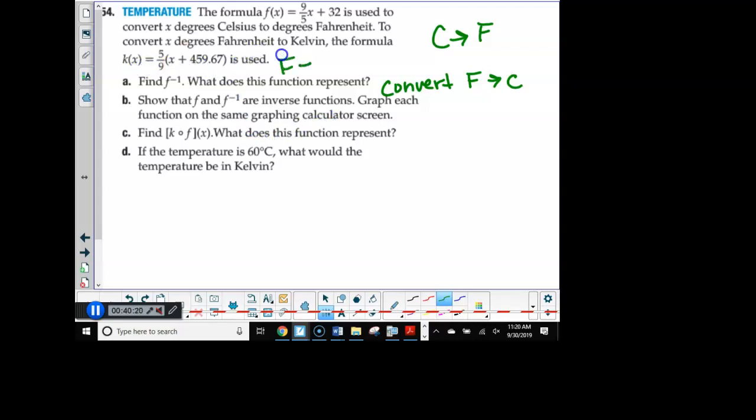This is Fahrenheit to Kelvin. If we put f in here, it would convert Celsius directly into Kelvin, because we said we're going to put the function f of x, what's converting Celsius to Fahrenheit, into the function that converts Fahrenheit to Kelvin. So we'd have a formula that converted Celsius directly into kelvins.